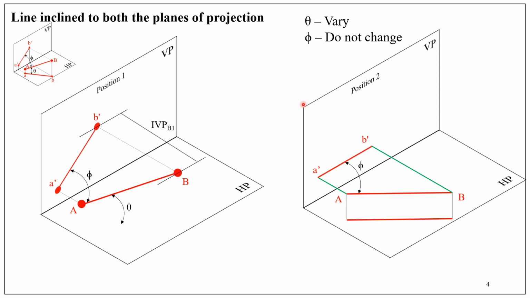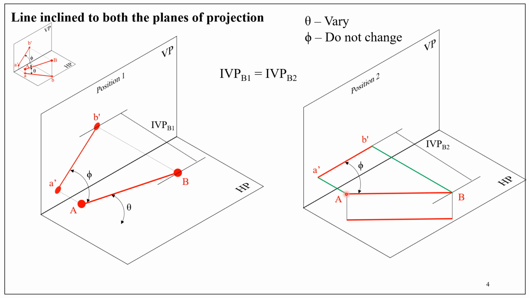So phi is not changed, only theta is changed. So to this new position, we have drawn the projection. A dash, B dash is the projection. What is the inference? The distance of the point B in position 2 is equal to the distance of the point B in position 1. The same condition applies to point A also, which is not shown here.